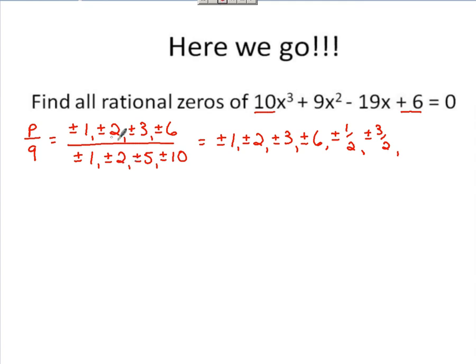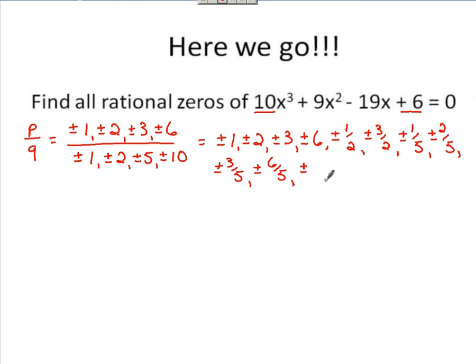Okay, now I'm going to take all the numbers up here, divide by 5. Taking all those values, dividing by 5, I get plus or minus 1/5, plus or minus 2/5, plus or minus 3/5, and plus or minus 6/5. And finally, we'll take all the values from up here and divide by 10.